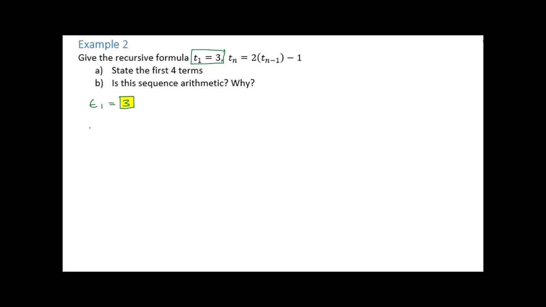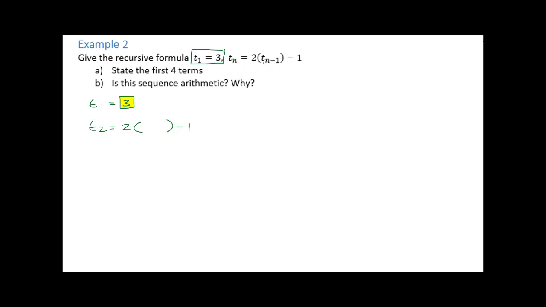Let's do the next term. Term 2. This is where we look at the rest of the formula. For any term, right? Remember, this is any term, 2 times the previous term minus 1, right? So because if this is term 2, 2 minus 1 would be 1. So that's term 1. So what we're going to do is go 2 times the previous term minus 1. That's what this is right here. Okay, let me just erase this here.